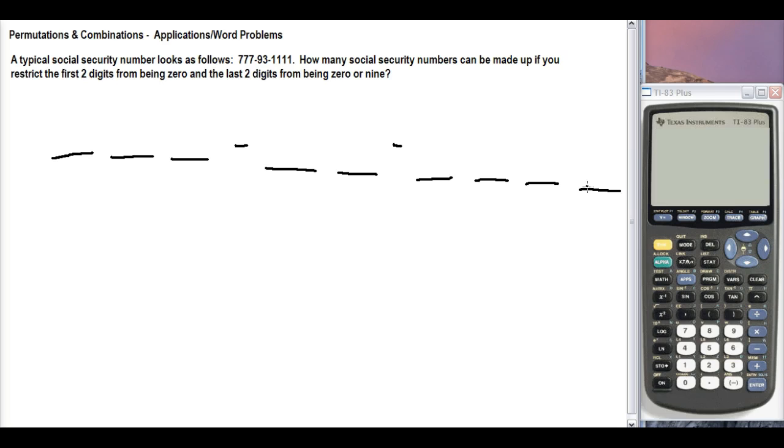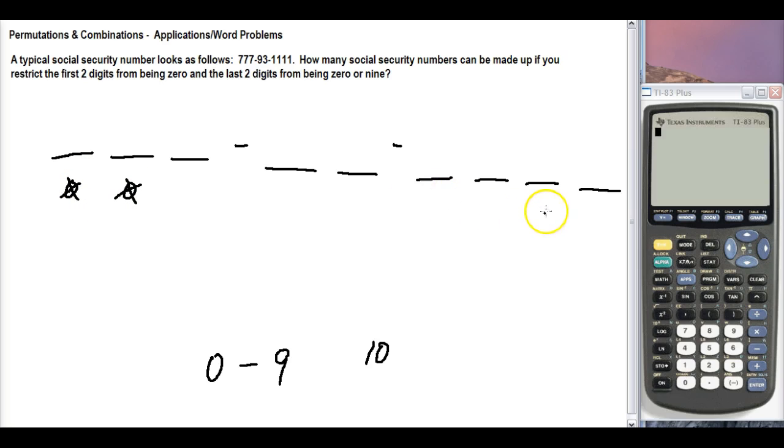So for here, we'll start off and we'll see that each of these, when we fill them in, of course, we're going to be using digits from 0 through 9. So that's going to be a total of 10 digits. Now, we can't have a 0 in the first 2 digits, so we can't have zeros here.